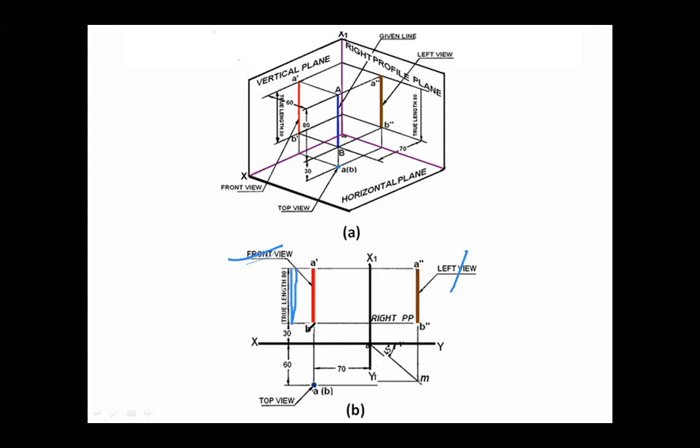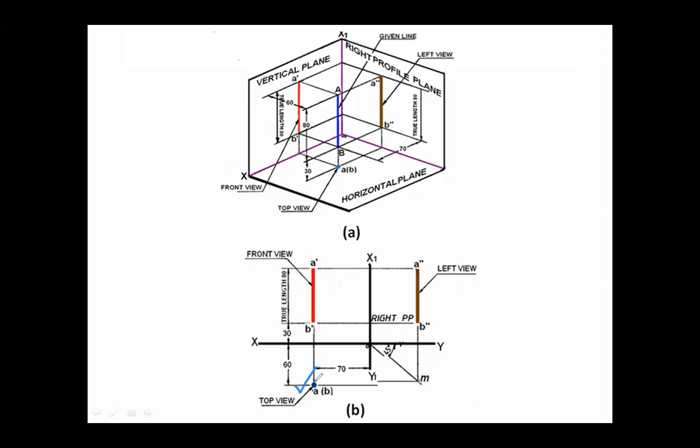Understand? Now this is also a line inclined at 90 degrees to the horizontal plane. So it is showing just a single point. It is not showing its actual length.